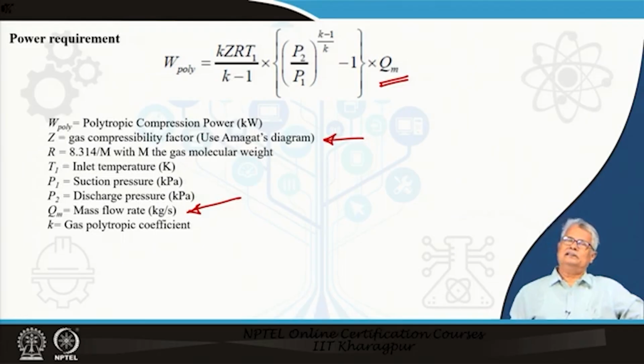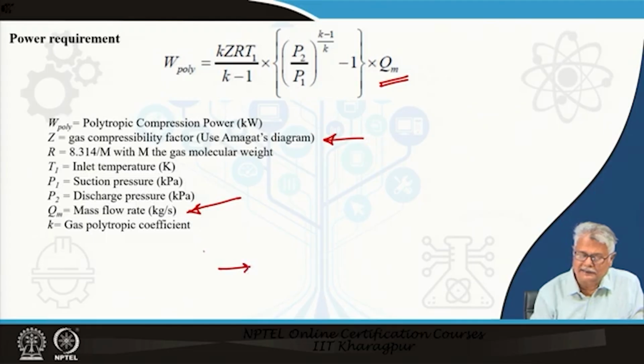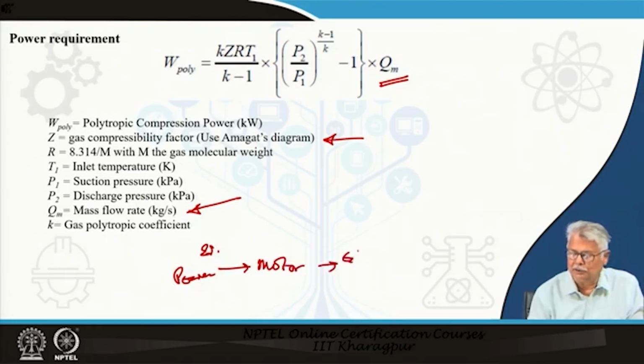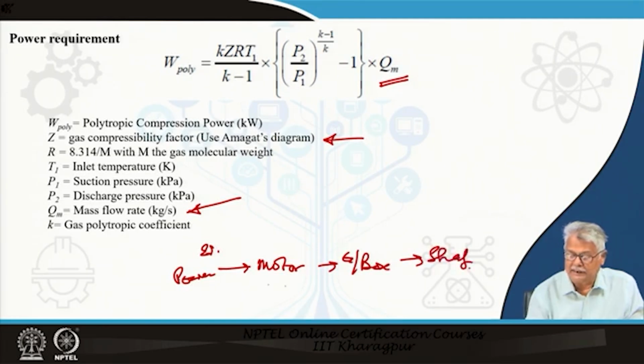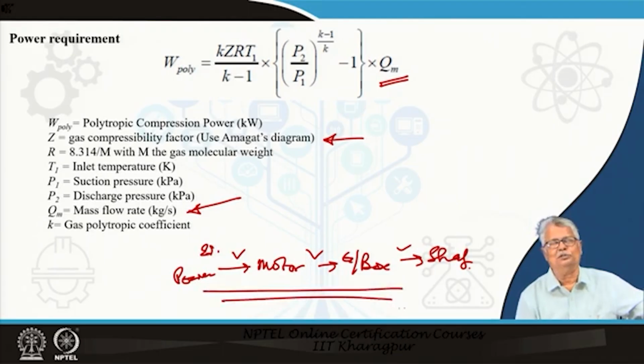Another thing is that the gearbox power possibly will be coming from a motor. So, the electrical power goes to the motor, goes to the gearbox, goes to the shaft. In each of these steps, you have an efficiency factor, and all these will be covered when we talk about the utilities. Typically, what are the efficiency factors you normally use for these?